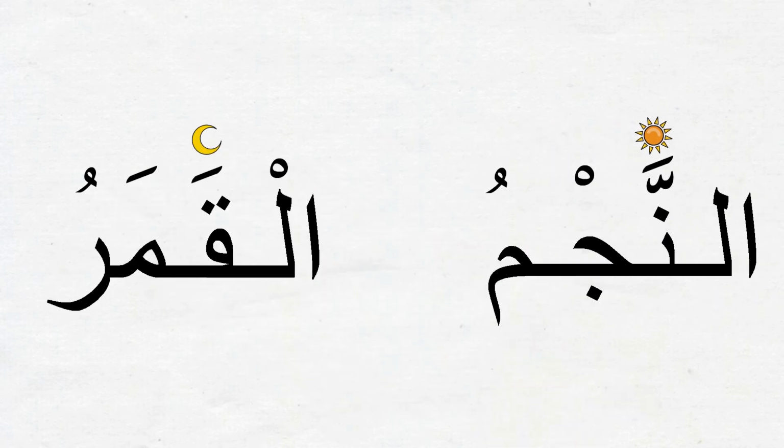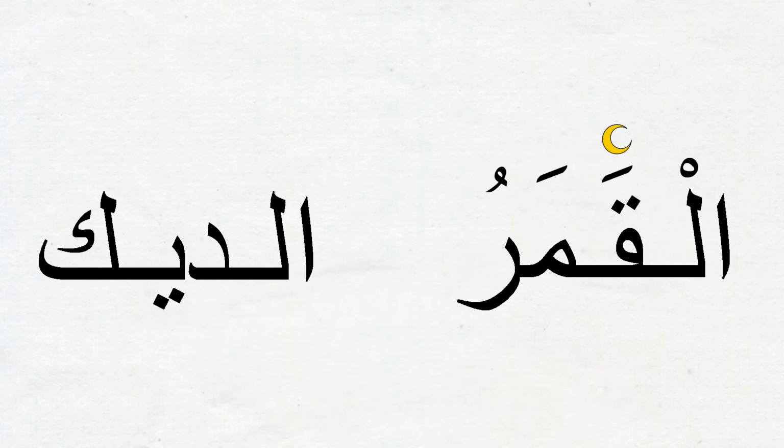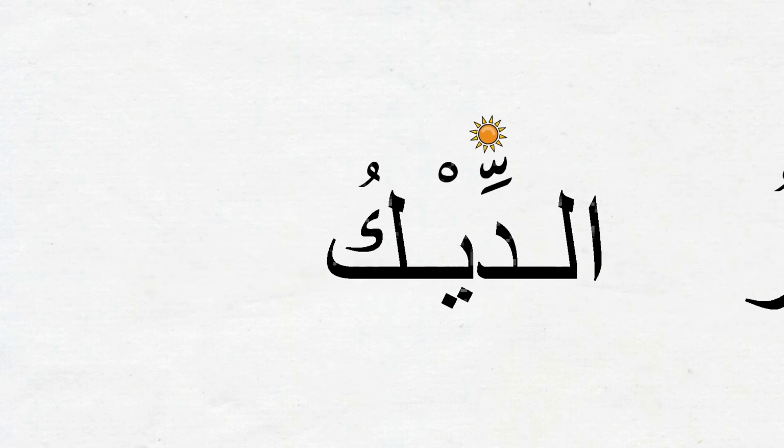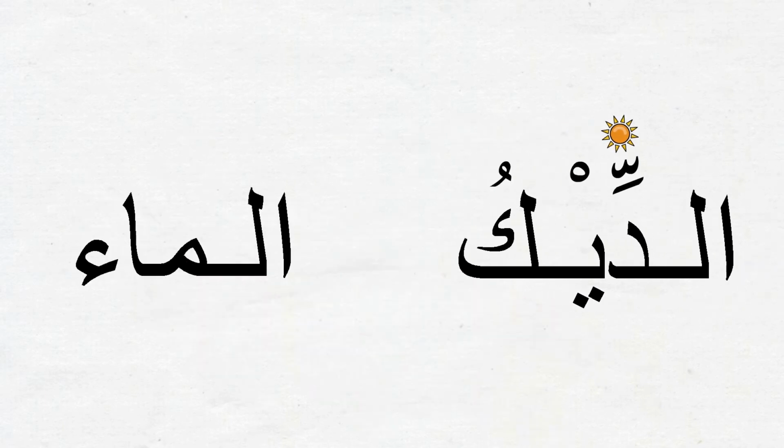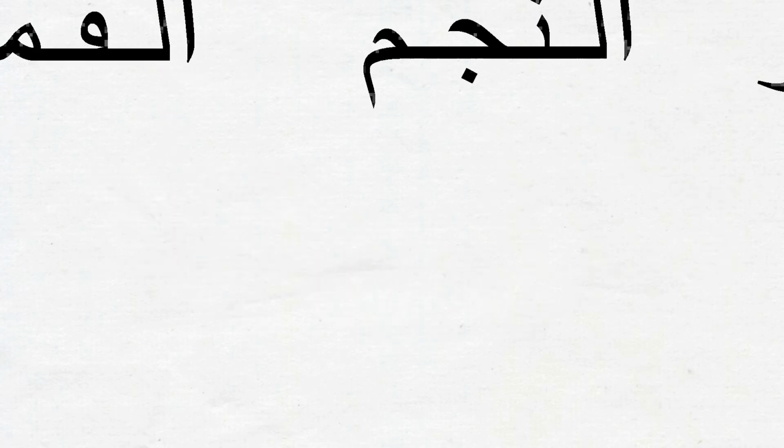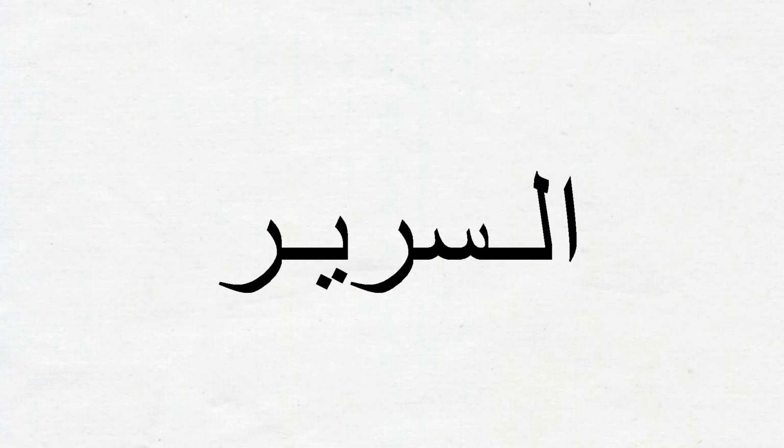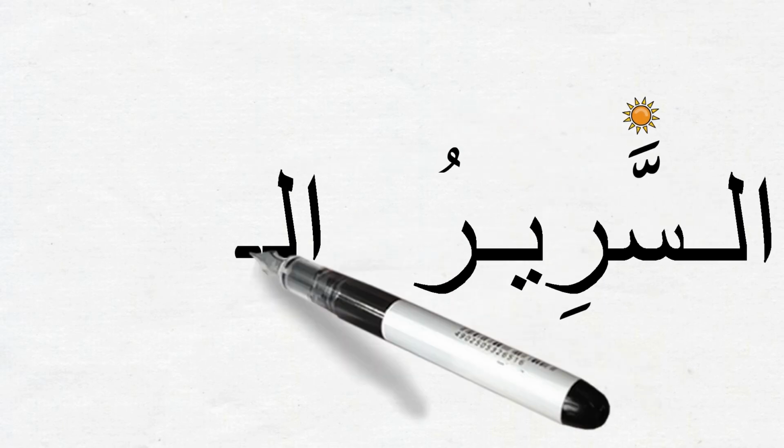Al-qamaru, the moon. Ad-diku, the rooster. So the dal is the Shamsiyya letter, so we are adding shadda above it. Al-ma'u, the water. Remember the mim is the Qamariyya letter. As-sariru, the bed, adding shadda on top of the Shamsiyya letter sin.